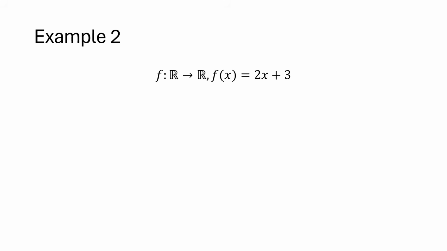So we are going to start again by picking any random element from the codomain. So let's pick a B from R, in this case the codomain.